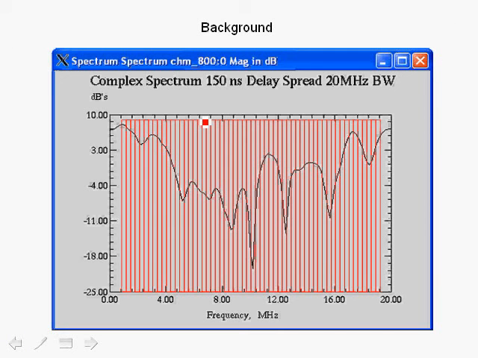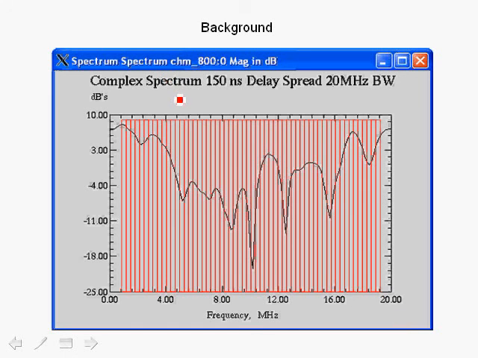As a background to the interleaving process and why it is necessary, here we show the complex spectrum of a fading multipath channel with an RMS delay spread of 150 nanoseconds, and the sampling rate is 20 megahertz, as is the bandwidth.